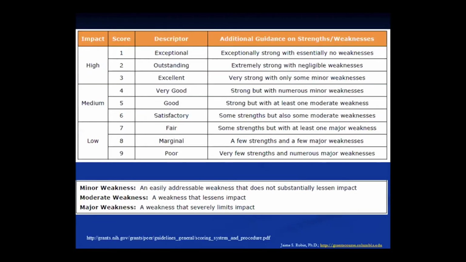This chart is a little bit more informative, talking about what makes something an exceptional grant, an outstanding grant, an excellent grant. In the high impact range, though the lower the impact score, the better the grant is reviewed, 1 being the best and 9 being the poorest.